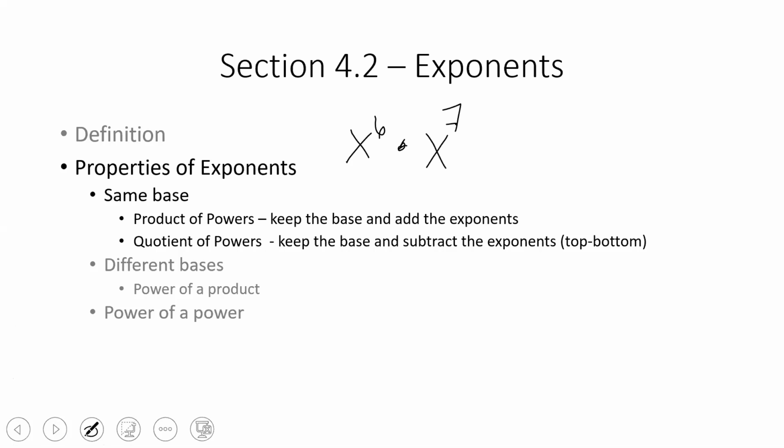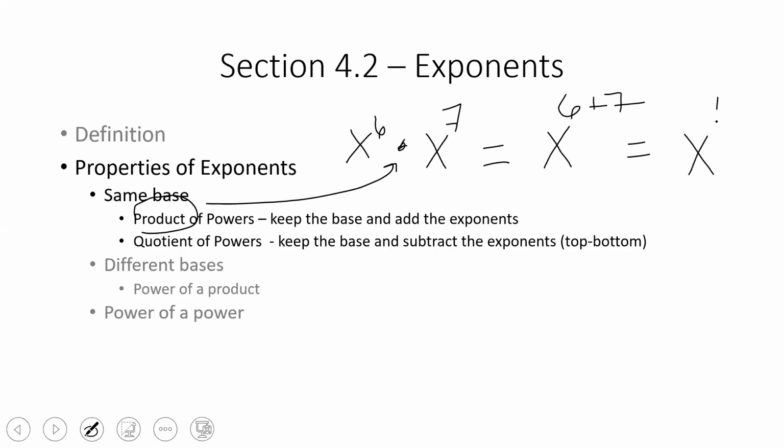And if we're looking for the product of powers, so we're multiplying them, what we want to do is keep that base and add the exponents. So we're going to keep that base of x and then add those exponents. We're going to have 6 plus 7 as our exponent. In other words, this is x to the 13th.